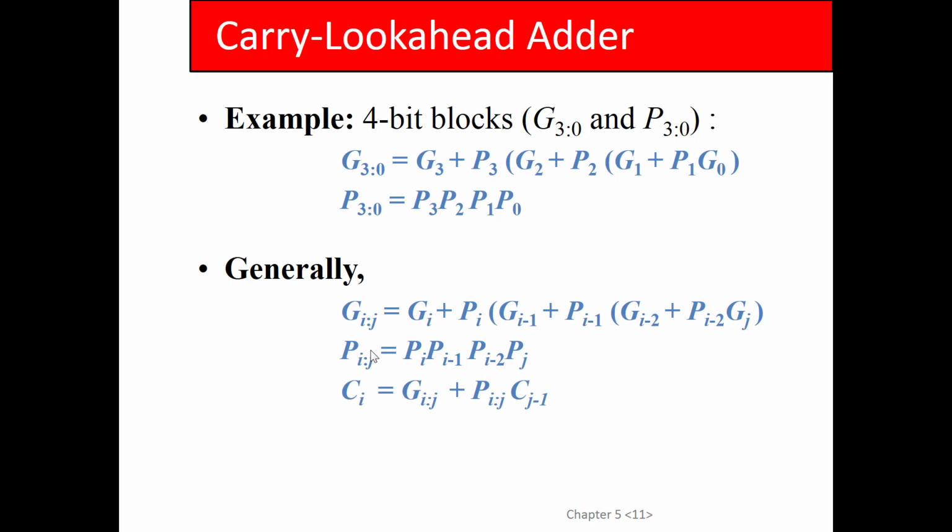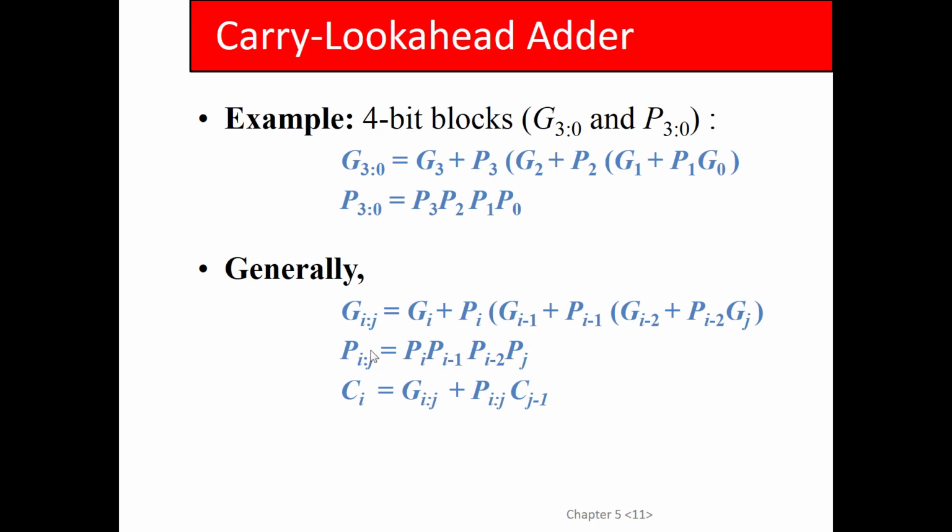You guys with me? So the way you do it is, your goal is to create a generate and propagate that covers all of these guys, right? So in this case, generate 3:1.